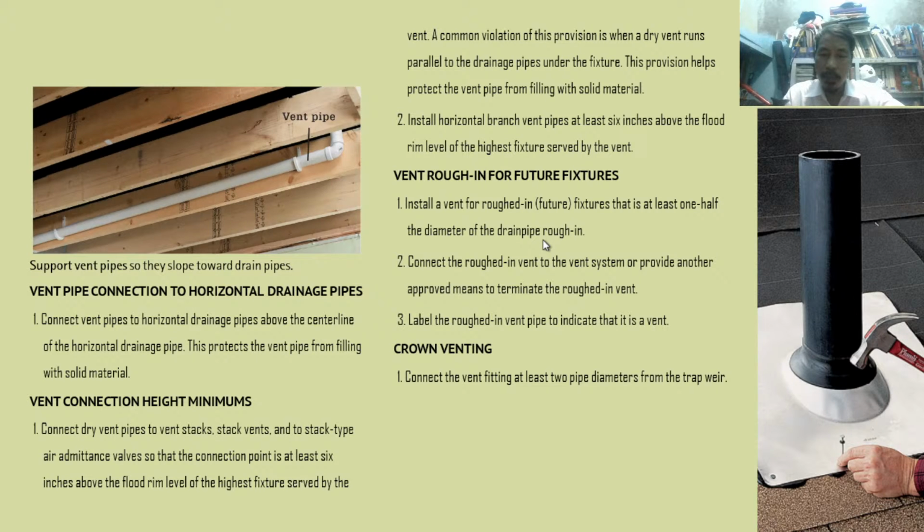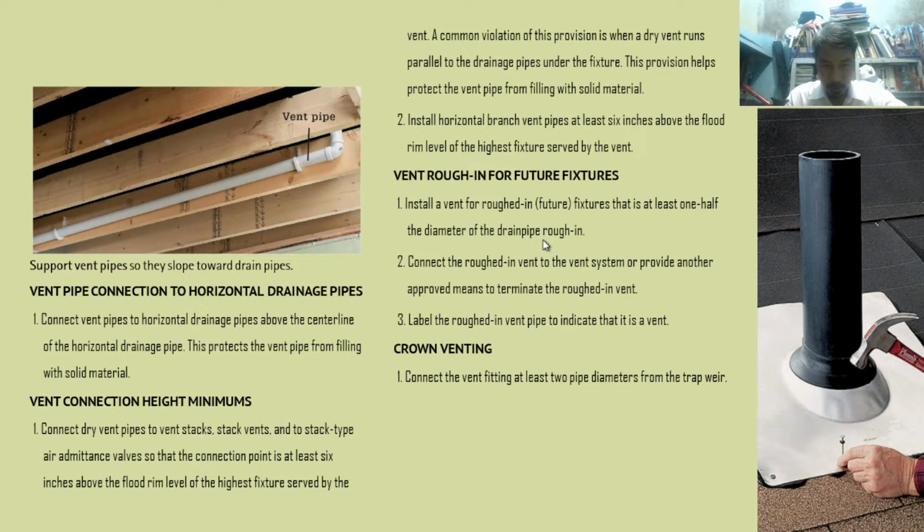Then connect the wrap in vent to the vent system or provide another approved means to terminate the wrap in vent. So we need to connect that wrap in vent to the system, or we can have this separate termination.